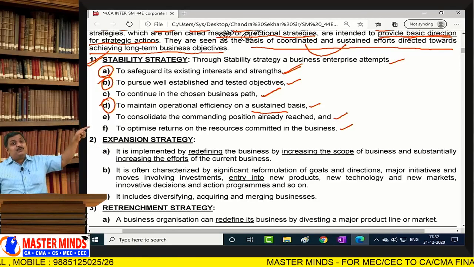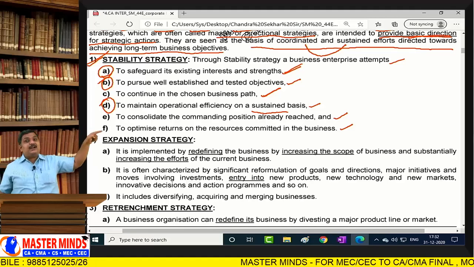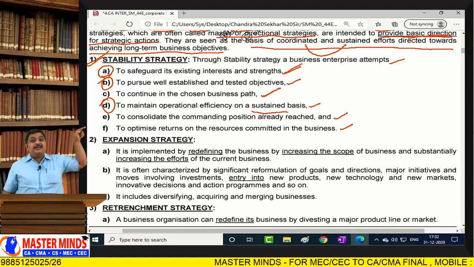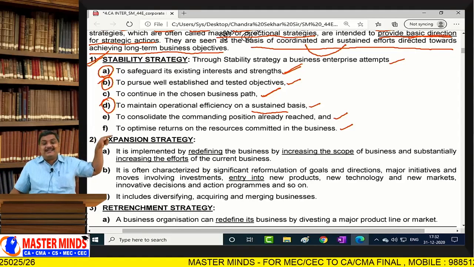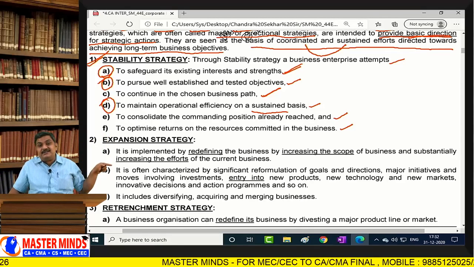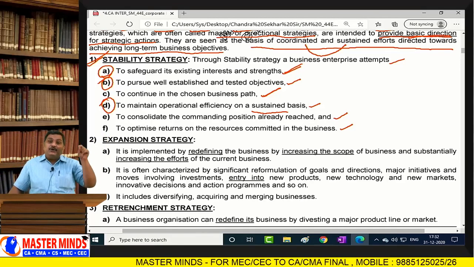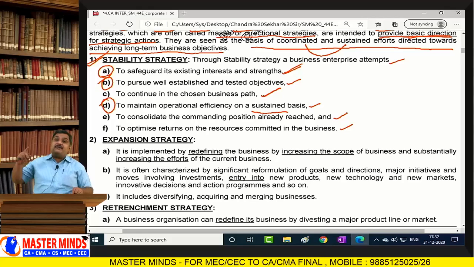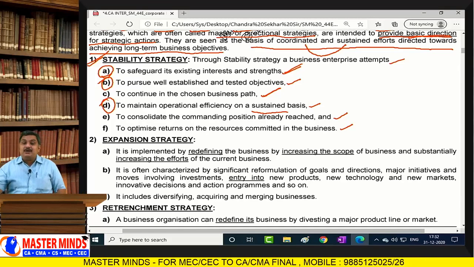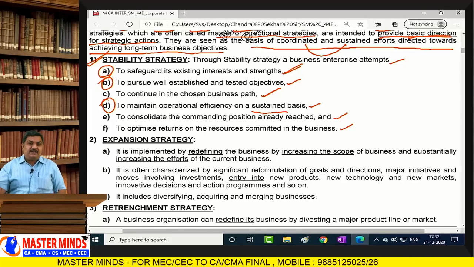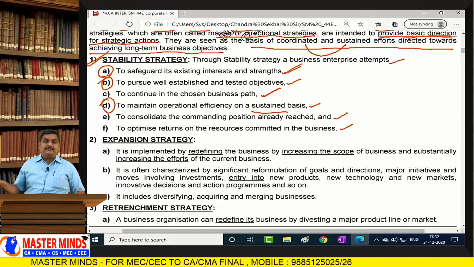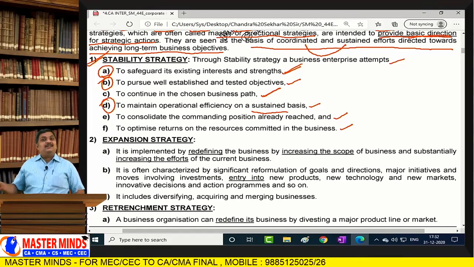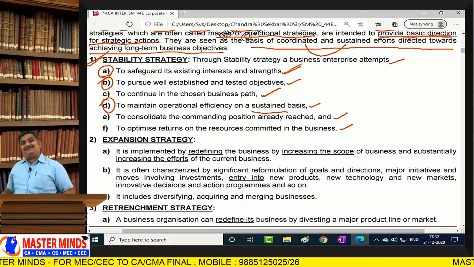Because in stability strategy, what are we telling? In stability strategy, we are telling that we have to increase our operational efficiency. What do you mean by operational efficiency? We need to use minimum inputs and we should try to generate maximum outputs. Okay. So in order to do that, cost leadership strategy is followed.